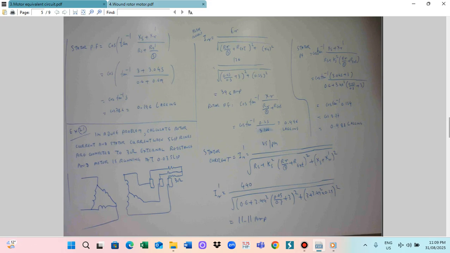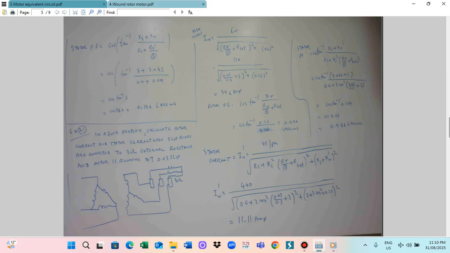And also we calculate the stator power factor. The formula is cos tangent inverse of HS plus HR dash divided by RS plus TS square, RR by S plus R. So this one we substitute here.